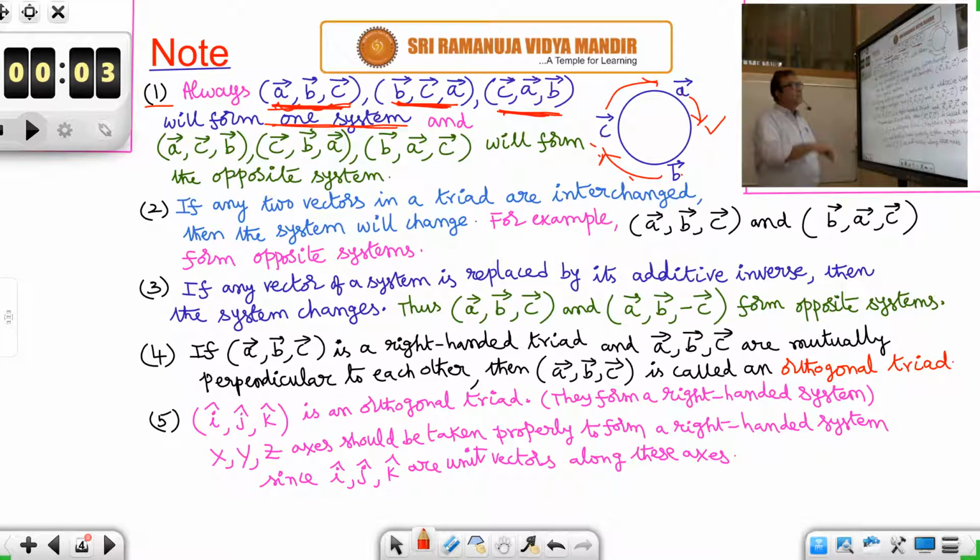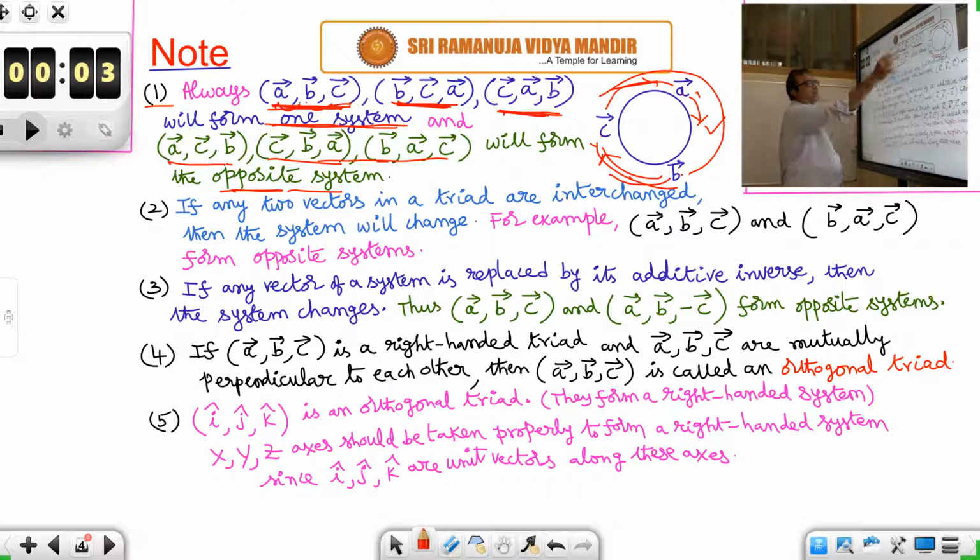Now anti-clockwise. We have seen clockwise rotation. Starting from A, anti-clockwise: A, C, B. Starting from C, anti-clockwise: C, B, A. Starting from B, anti-clockwise: B, A, C. These three will always form the same system, but it is just the opposite system.